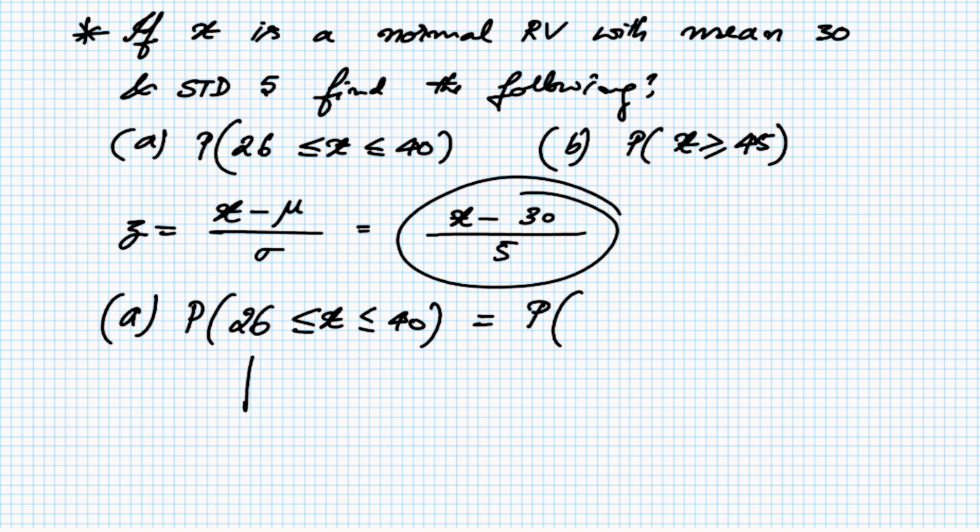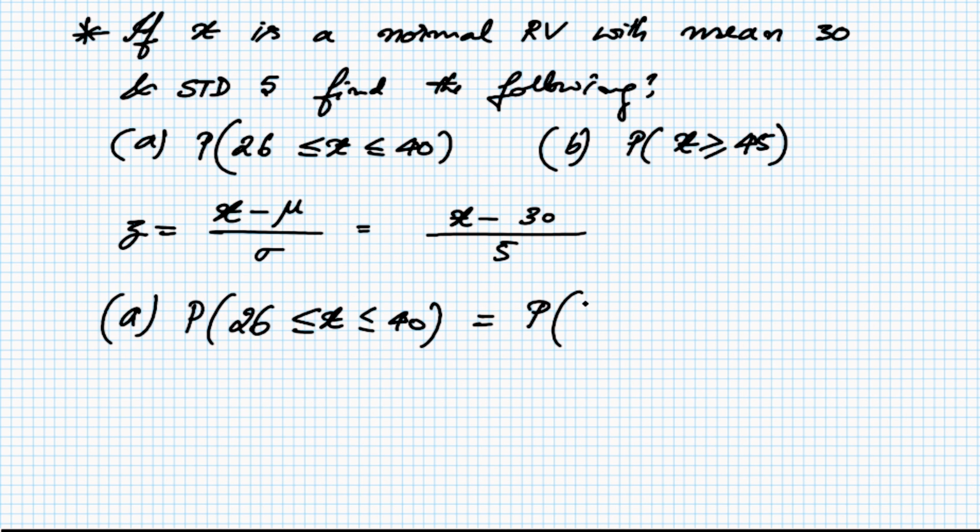I'm simply going to substitute 26 in the above equation: 26 minus 30 by 5. So I'll write that now. The probability of this is 26 minus 30 divided by 5 less than or equal to z. You see z is going to come into the picture, right? 40 minus 30 divided by 5. What is its equivalent value?